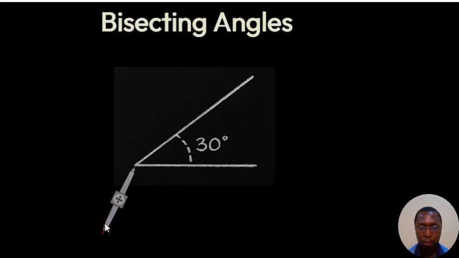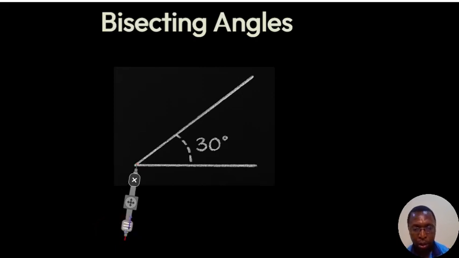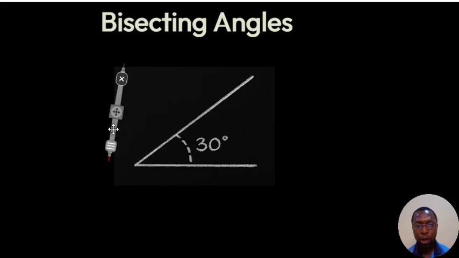You place the center of the compass at the vertex there, then we rotate the compass. Let me extend it a little.